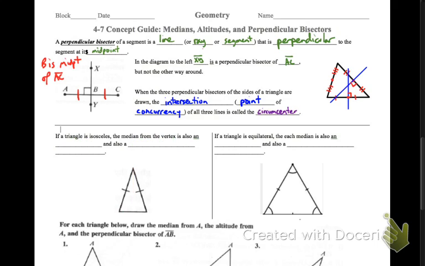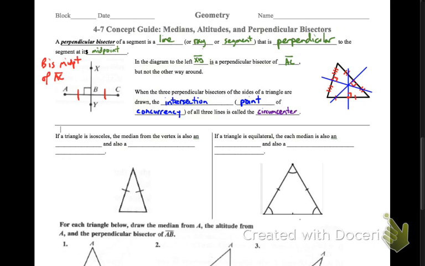Notice what's different about these is that they don't go through the vertices. These are not altitudes. Perpendicular bisectors and altitudes are not the same things in most cases. More to come on that. But this point right here is called the circumcenter.